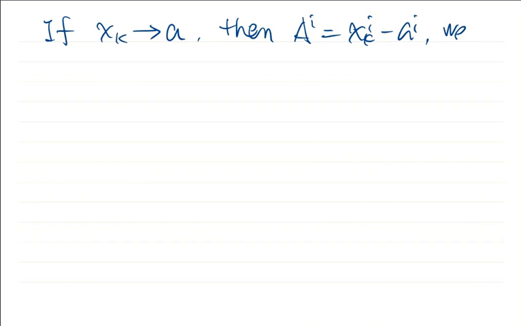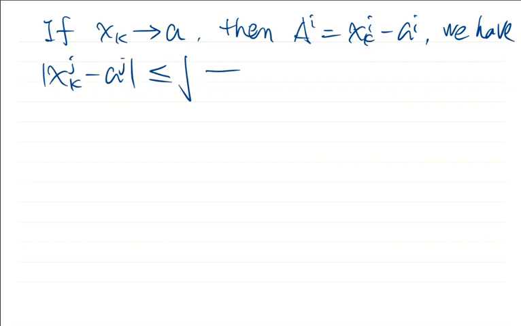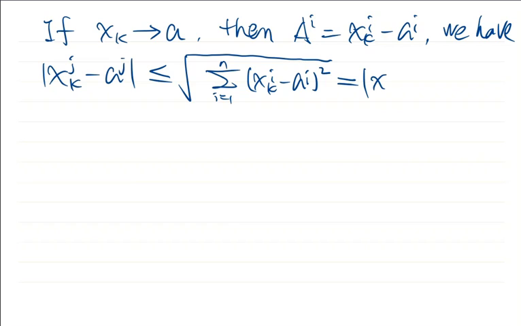We have xkj minus aj will not greater than the sum over I from 1 to n, xki minus ai square. Okay, what's this? This is exactly the distance between xk and a. But xk converges to a, therefore the right hand side converges to 0.